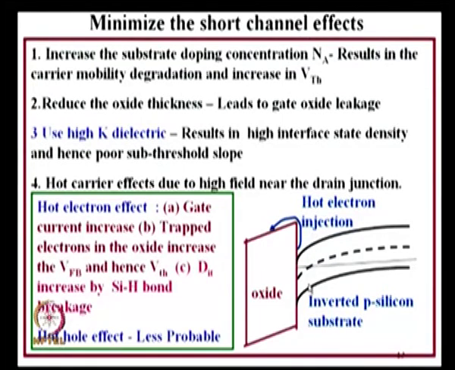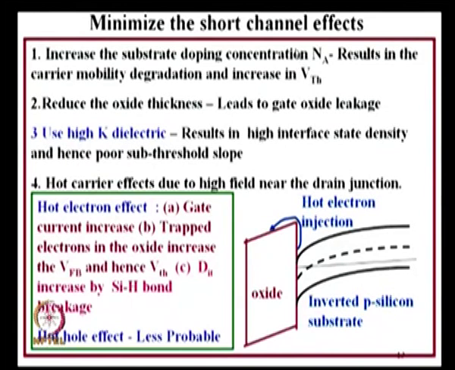For silicon, it is 4.05 electron volts, and in the case of oxide, this gap is 3.3 electron volts. This gap is 4.05, that is the E 0 level, and this gap is 4.05 minus 3.3 electron volts. So, this gap is more.